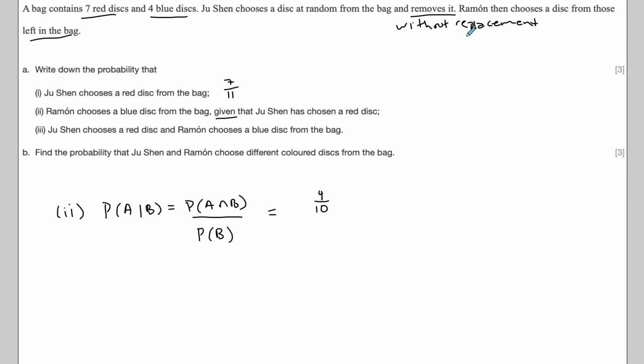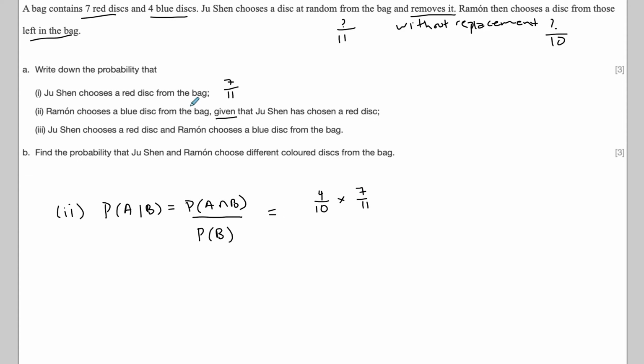Jushan has 11 choices, whatever she wants, but Raman will always have one less to pick from, so it's always over 10. Because it's an intersection, we multiply them together, and the probability of Jushan choosing red is 7 over 11.